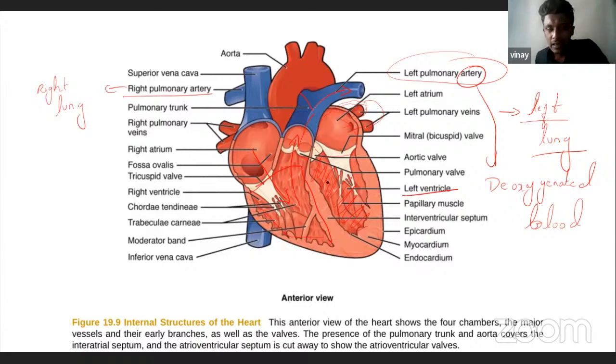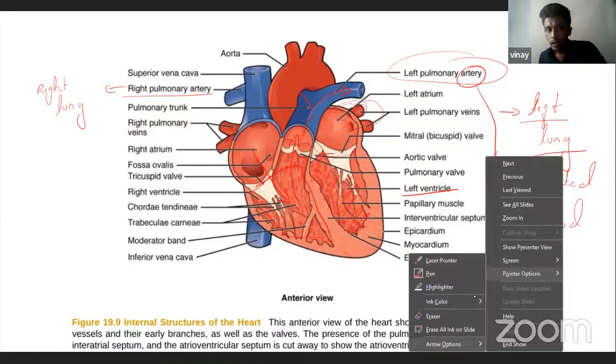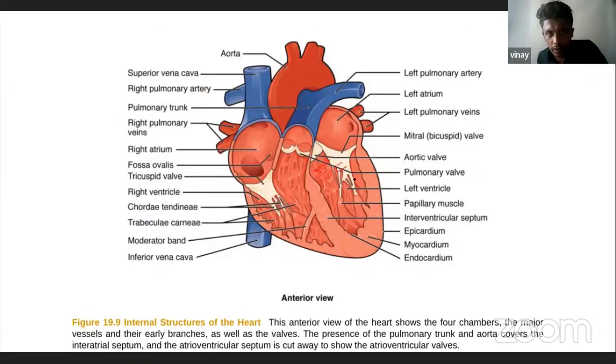So once it fills up, hold on, let me erase the ink. See, this chamber is filled with blood. Which blood? Oxygen rich blood. I'll write it here. Oxygenated blood. So this oxygenated blood from our left ventricle has to move to the rest of the body.